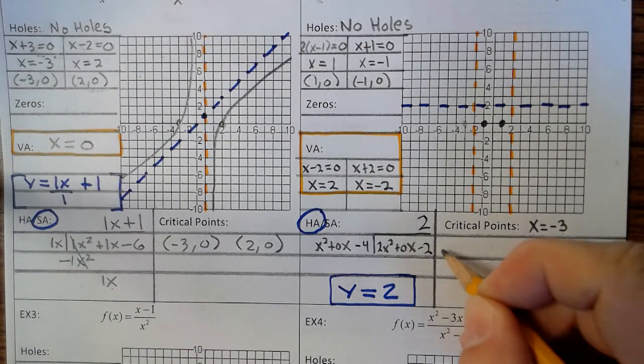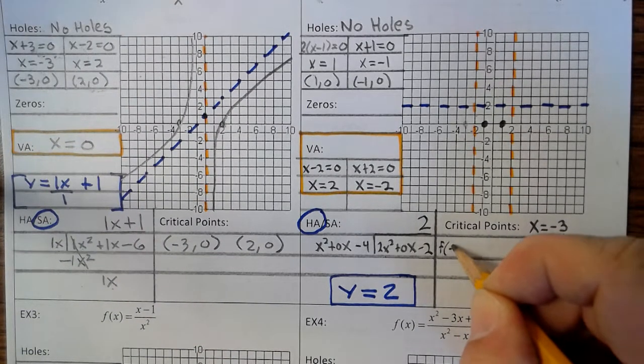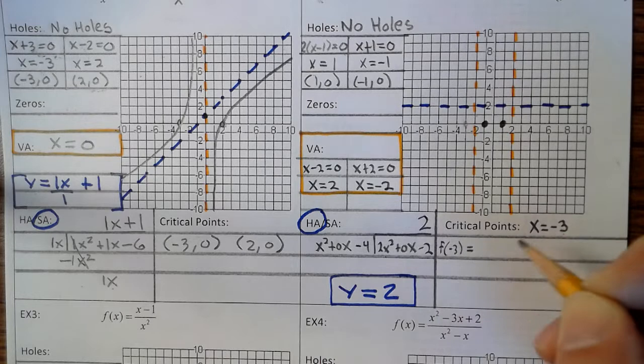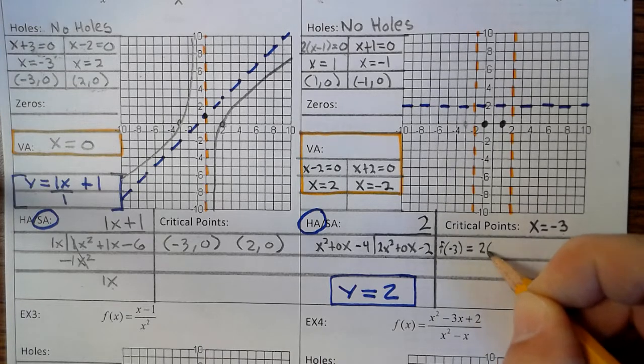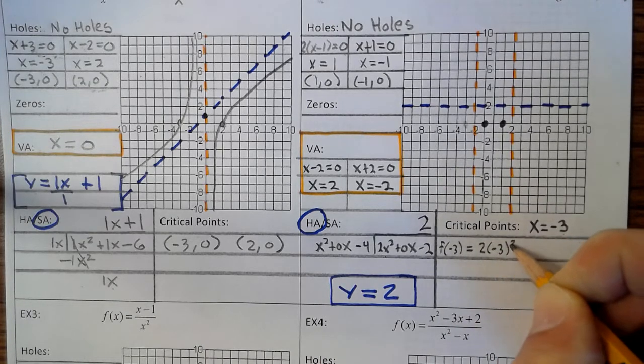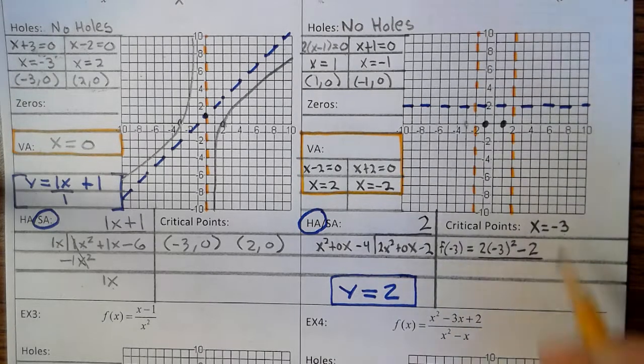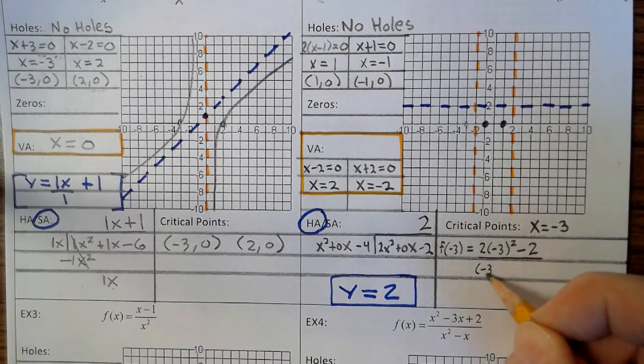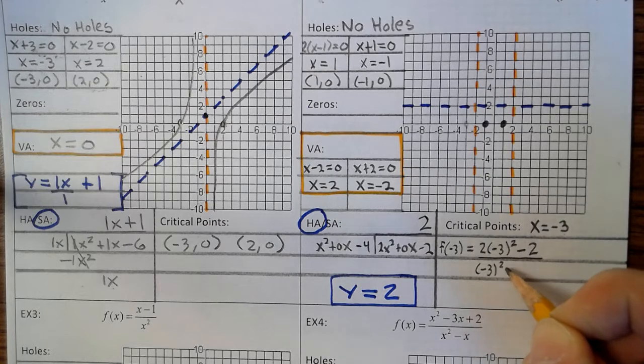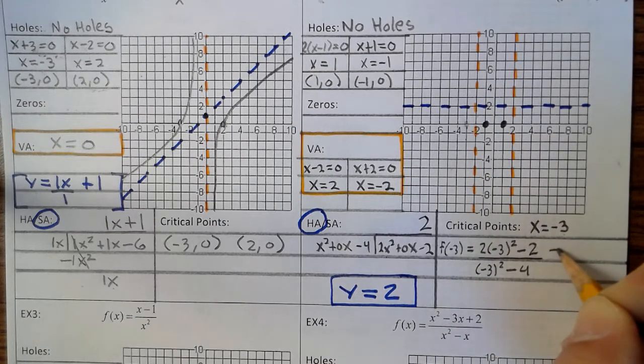So f of -3 equals 2 times -3 squared minus 2 divided by -3 squared minus 4.